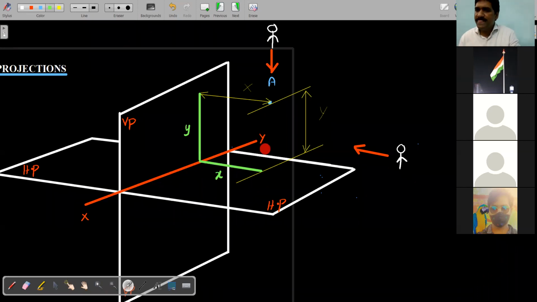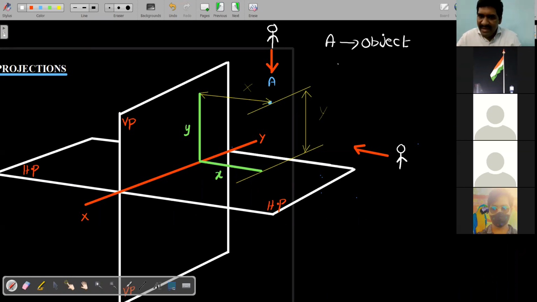Now tell me, all of you, how we should draw the projections. Generally, front view is represented with dash points. If A is the object, what happens?